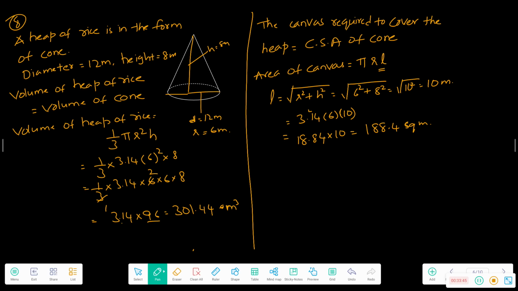So area of canvas required to cover the heap is 188.4 meter square.